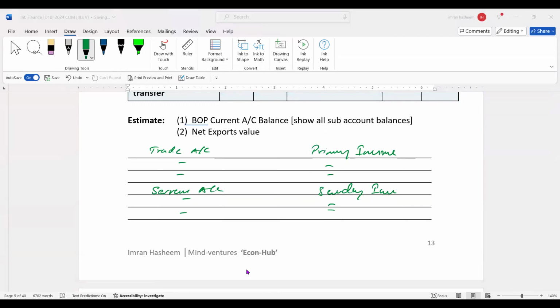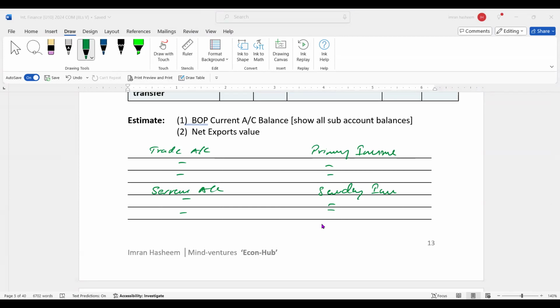Don't guesstimate. Go back and learn the thing or go through the notes properly and then apply with confidence. Okay? That's the best thing to do. And remember, trade account only includes visible, tangible things. Services account only includes intangible, non-factor services.